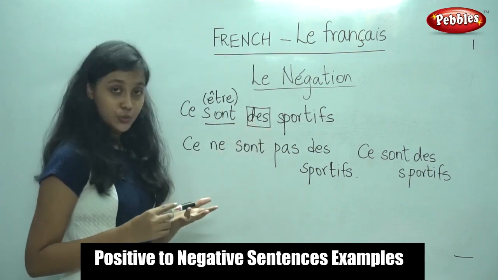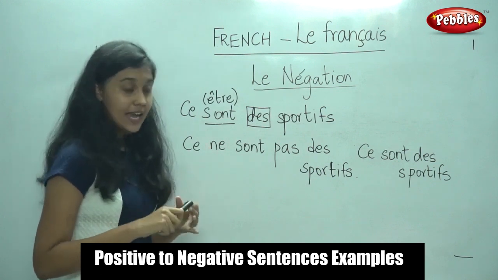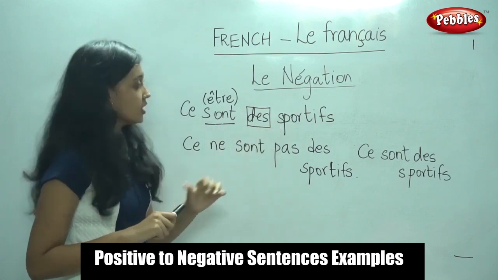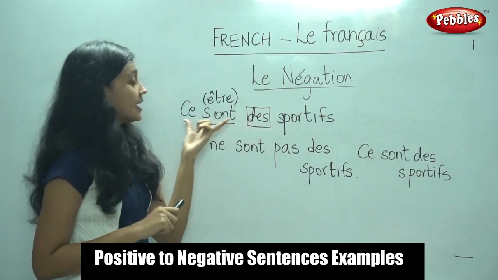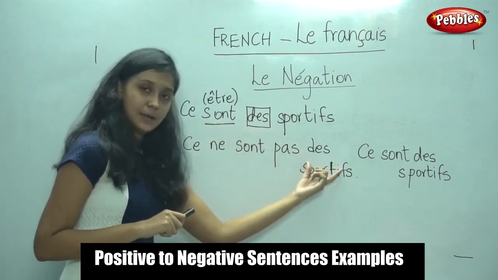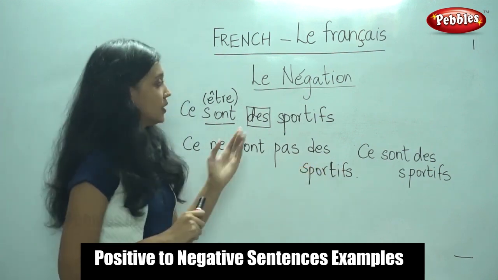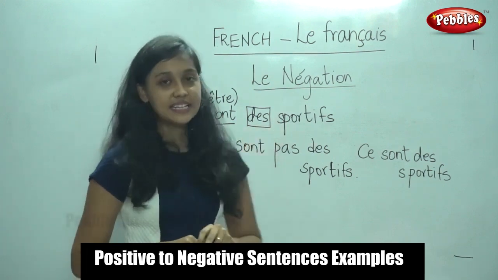Un, une and des. So, when un, une or des appears, we would replace it with de. However, when an indefinite article comes along with the être conjugation, it remains the same. There is no change. So, I hope you are thorough with the negation. How to make a positive sentence into a negative sentence.